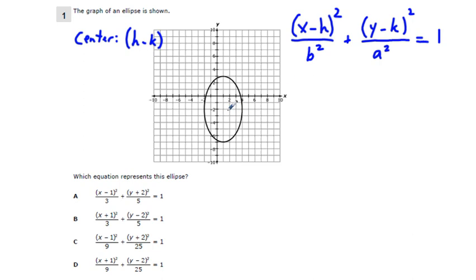And so we have the point right at the center, and we can look at where it is on the graph. Apparently it's going to be the point center 1, negative 2.